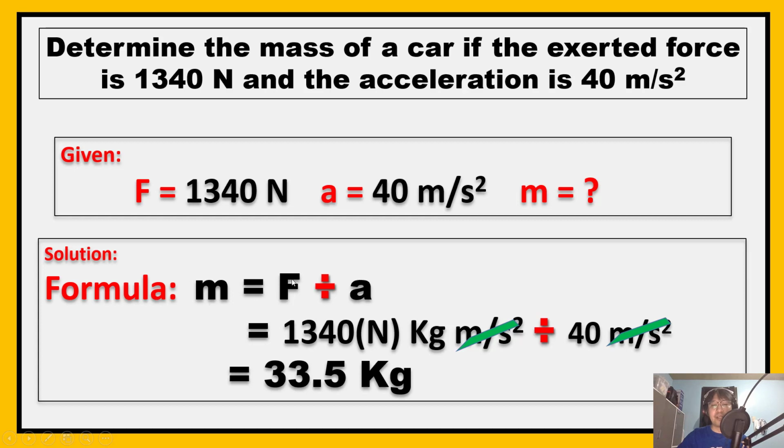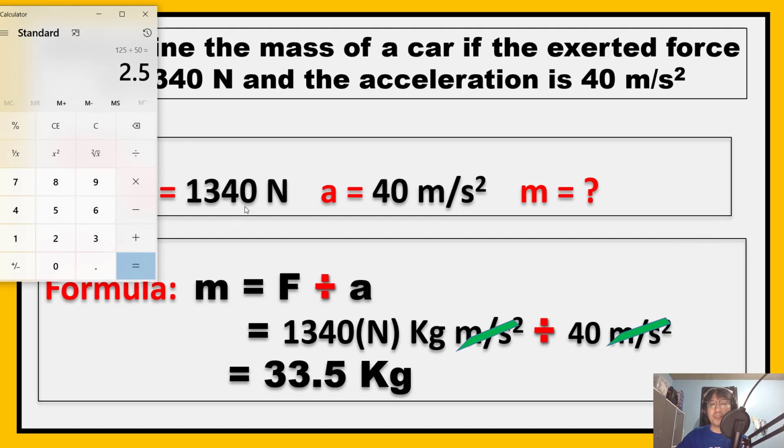The formula for mass is the quotient of force and acceleration. Let's get the calculator. So 1,340 divided by 40. Okay, so 33.5 is the mass. As easy as that.